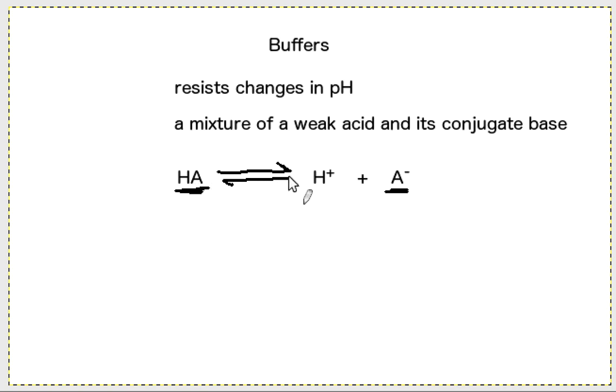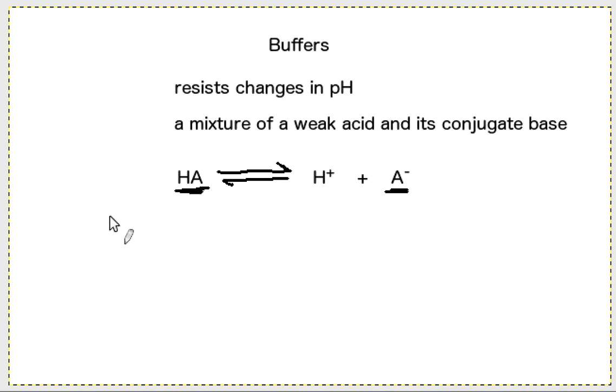So you could imagine making a buffer in the laboratory. Let's just get a bottle of acetic acid off the shelf. That's our weak acid, and we weigh some out and dissolve it in water. But then we also need to go find the appropriate conjugate base for acetic acid. That turns out to be acetate. We could get a bottle of sodium acetate off the shelf, weigh out some of that, put it in the same solution and dissolve it, and we'd have a mixture of the weak acid and conjugate base, and we'd have a buffer.